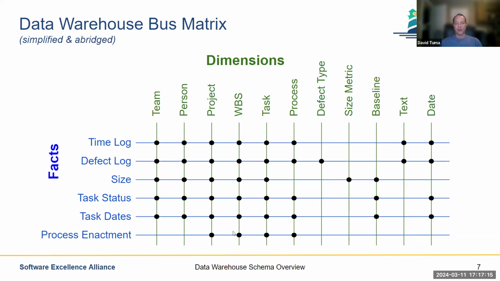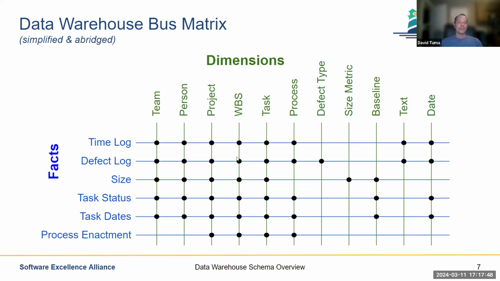And we could look at each one of these things: a size measurement suddenly doesn't care about the process phase anymore, but it does care about some new dimension called size metric. So once again, this is a really simplified, abridged version of the bus matrix. But the key thing is that what we're interested in is what the facts are, what the dimensions are, and how they're related to each other.